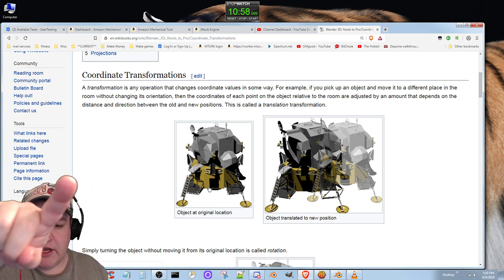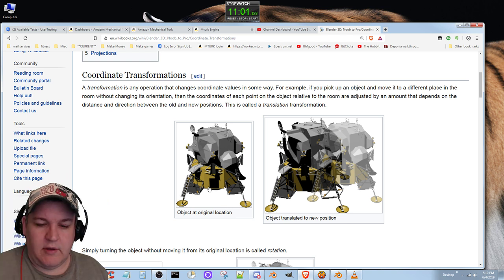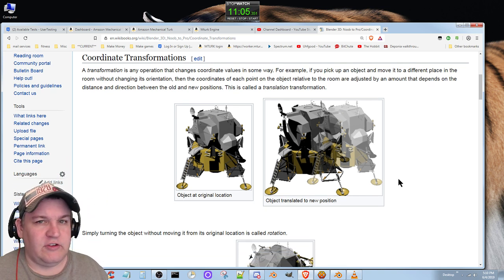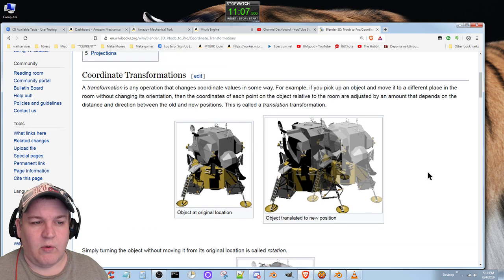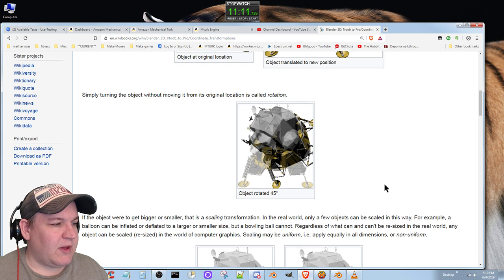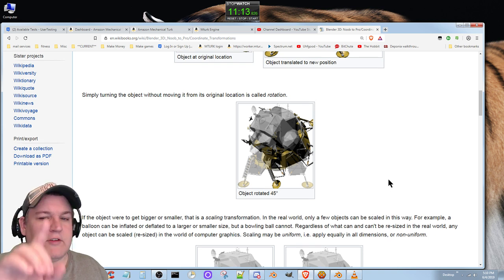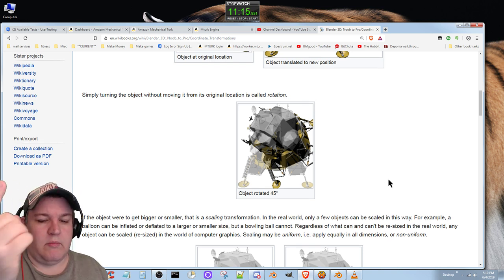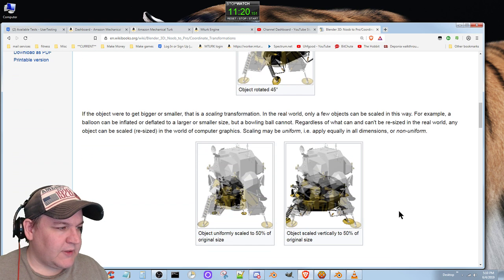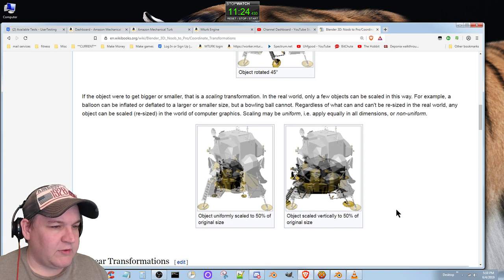I'm translating my hand over here. And you usually use the G key to grab in Blender, or to move, or to translate, however you want to say it. Simply turning the object without moving it from its original location is called rotation, like that's rotation. If the object were to get bigger or smaller, that is a scaling transformation. In the real world, only a few objects can be scaled in this way.